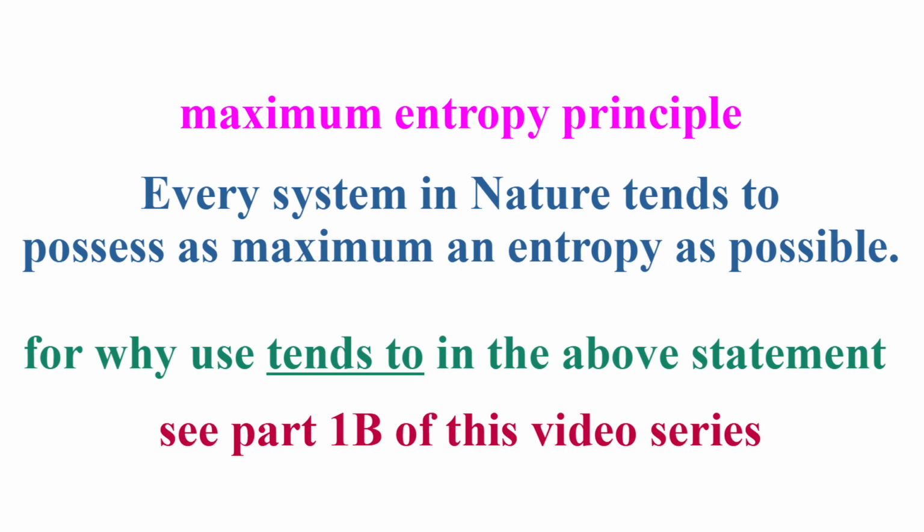This became the maximum entropy principle of thermodynamic theory, which states that every system tends to possess as maximum an entropy as possible under the given conditions. As to why we use the phrase "tends to" in this statement, see part 1b of this video series.